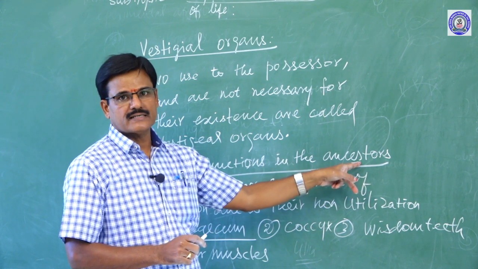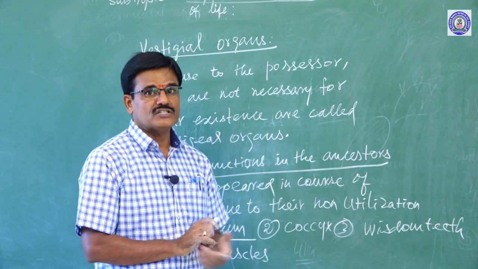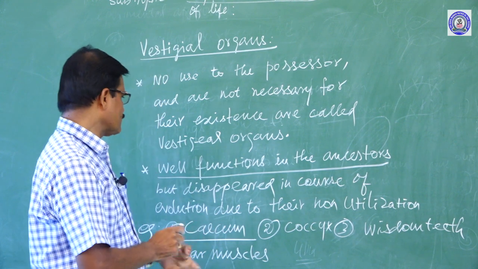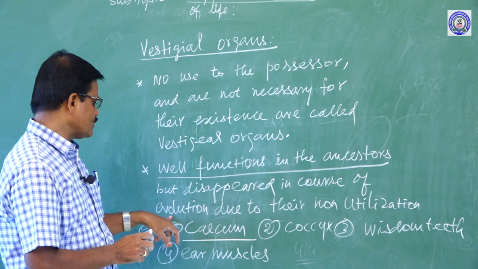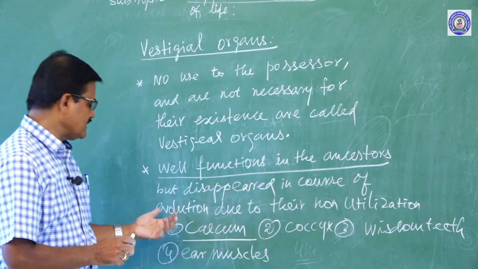I already told you, ancestor means the organisms which lived previously. Those organisms are called ancestors, but they disappear in the course of evolution due to their non-utilization.